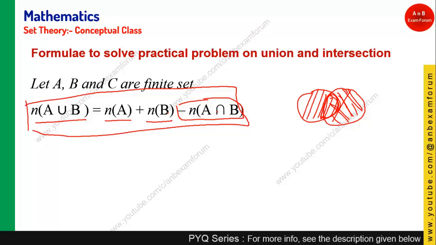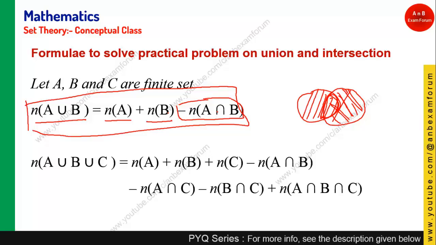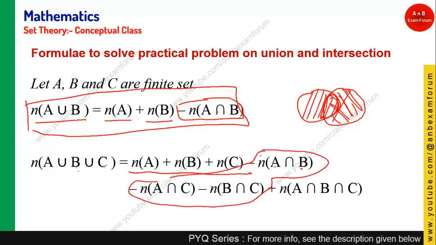If we have three sets, what would be the formula? This is the formula. Remember the number of elements in the individual sets, then minus A intersection B, A intersection C, and B intersection C. Subtract the common portions because you have included one extra time.